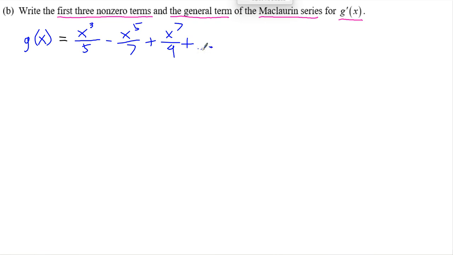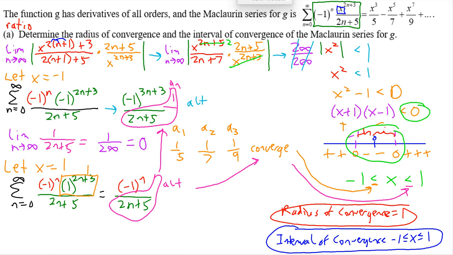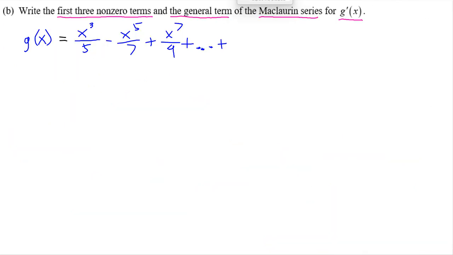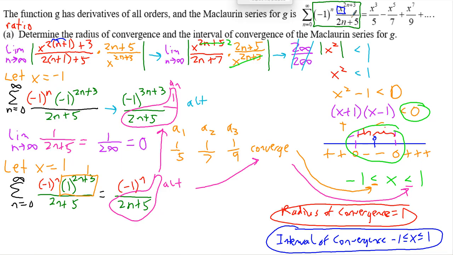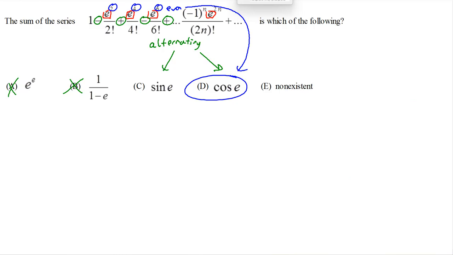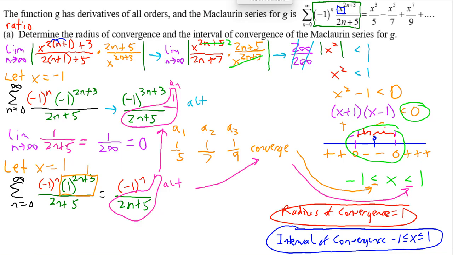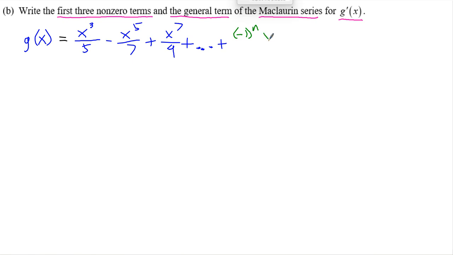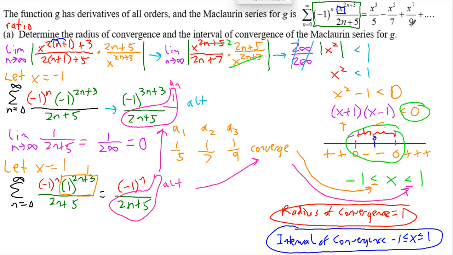And the general term for this is right here. So that's the negative 1 to the n, x to the 2n plus 3, over 2n plus 5.